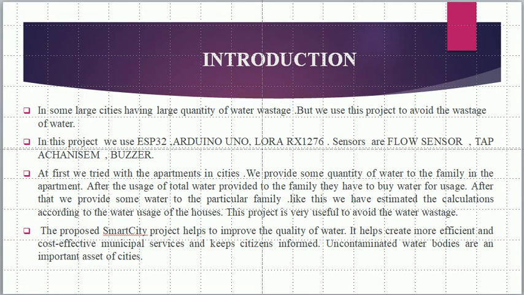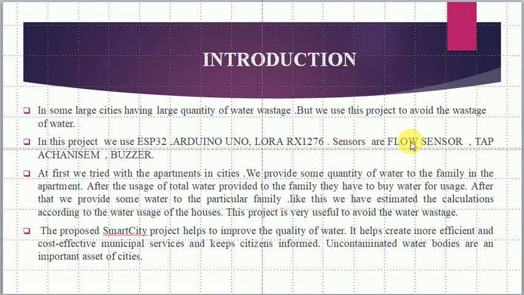Introduction. In some large cities there is a large quantity of water wastage, but we use this project to avoid the water wastage. Some of the components we use are ESP32, Arduino, and flow sensor. At first, we tried with apartments in cities. We provided a fixed quantity of water to each family in the apartment.